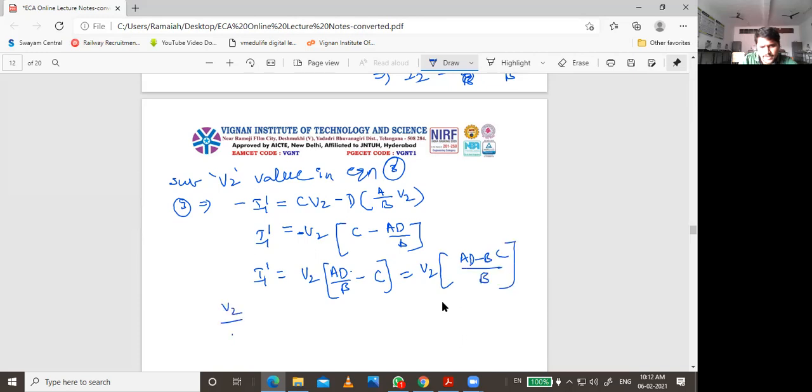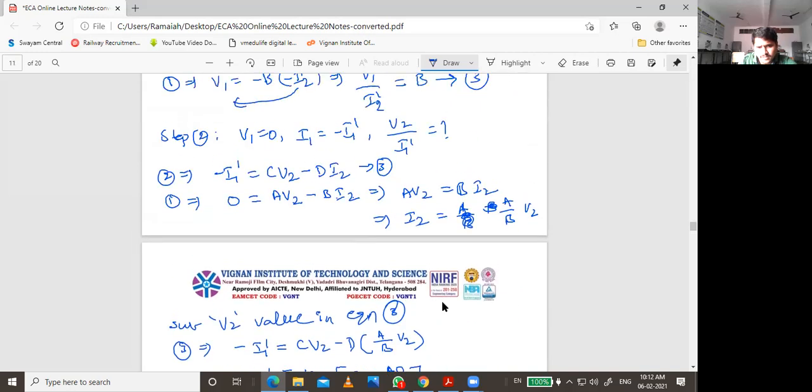Therefore, V2 by I1 dash is equal to B by AD minus BC. This is equation 4.